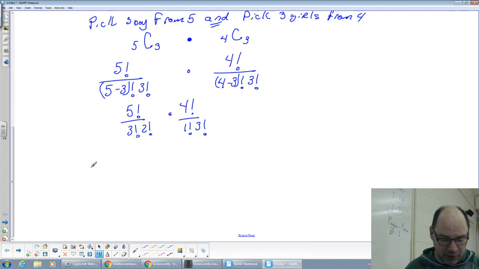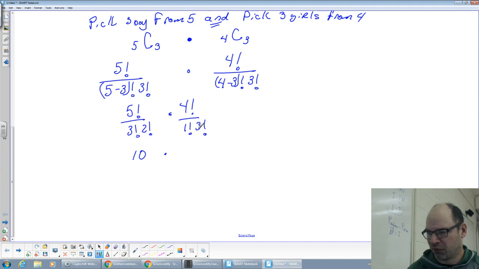And we're just going to go 5C3, which gives us 10, which makes sense because this would be 5 and 4 divided by 2, which is 20 divided by 2, is 10. And this one here is just going to be 4, because we have 4C3, which is 4 over 1 factorial times 3 factorial.